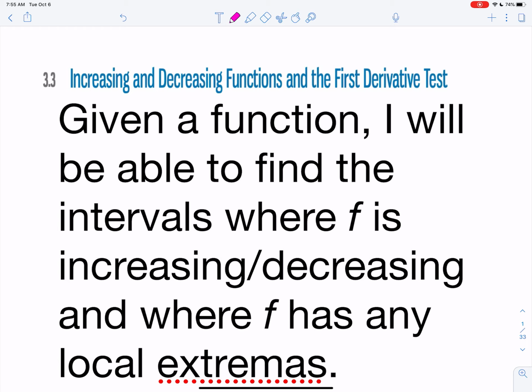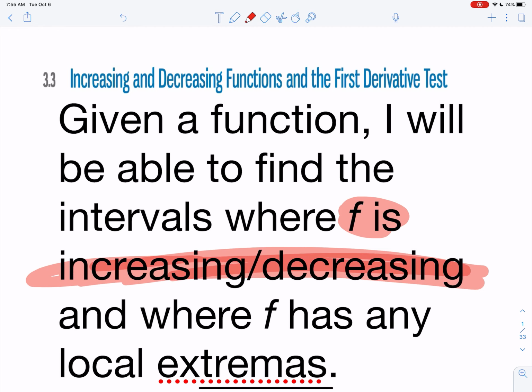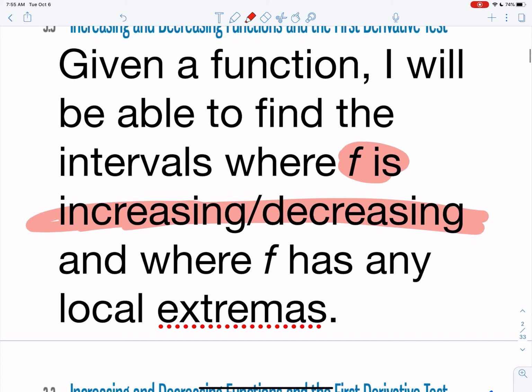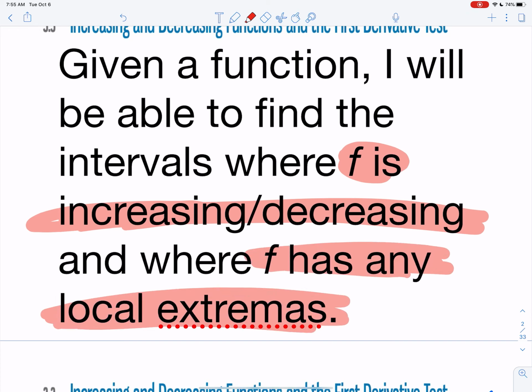Okay, given a function, you're going to be able to find the intervals where f is increasing or decreasing, and also where f has any local extremas. So in the last section, we were diving into specifically absolute extremas, okay?